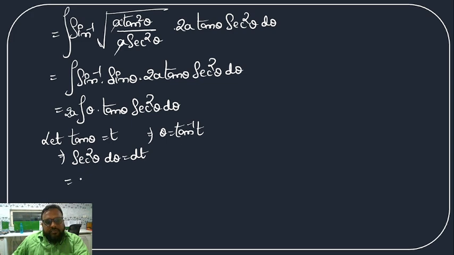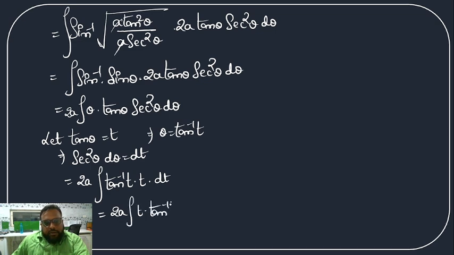Now the above becomes 2a integration of, in the place of theta I can write tan inverse t, into, in the place of tan theta I can write t, into secant square theta d theta. In the place of secant square theta d theta I can write dt. So when I arrange them, this becomes 2a integration of t into tan inverse t dt.